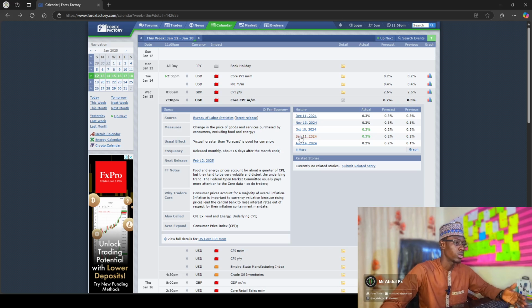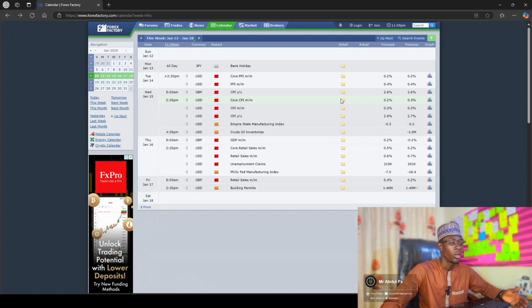The forecast is 0.2%. It was 0.3%. So here it is getting weak. So in this CPI, the USD is getting weak. But let's see how it plays out.